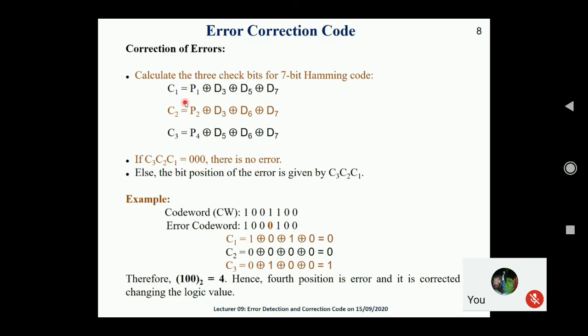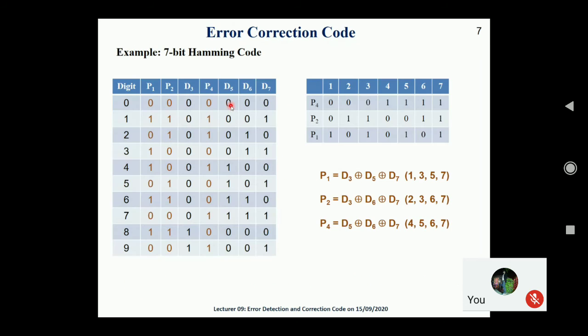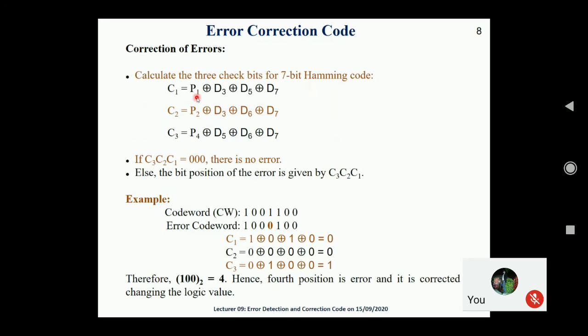C1 means 1357. Here 1 is the P1 parity bit, and the other 3 bits are data bits, so I am renaming them D3, D5, D7, and we use a modulo 2 operation. Next, C2 means 2367.